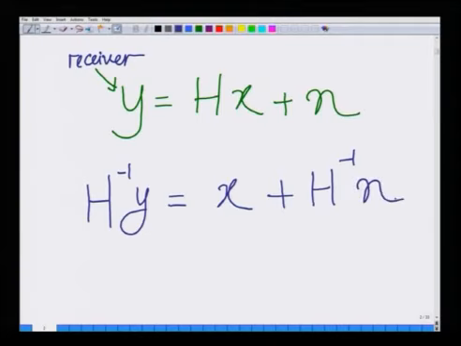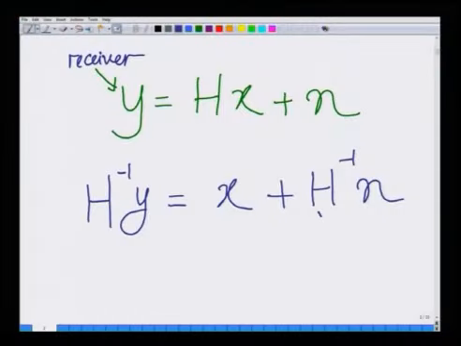So, the simplest receiver that I can think about is simply inverting this channel matrix, that is, I have a channel matrix H, I will compute H inverse, multiply by H inverse, that will give me x, except I have some noise over here. So, I have some noise as a result of this inversion.